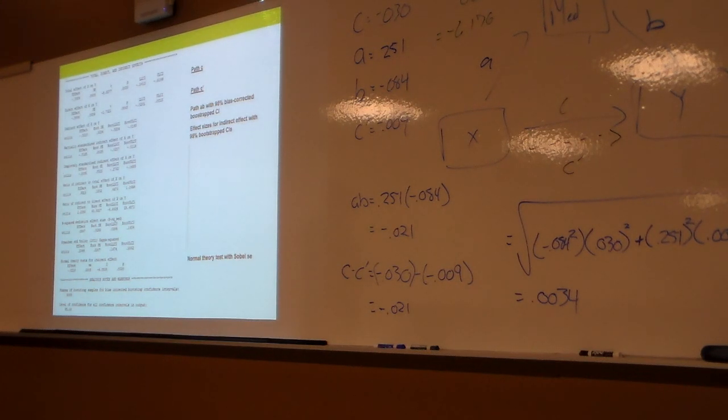What do we conclude based on that confidence interval? Do I have a statistically significant indirect effect? Yeah, why, Laura? Because it doesn't include 0, right?